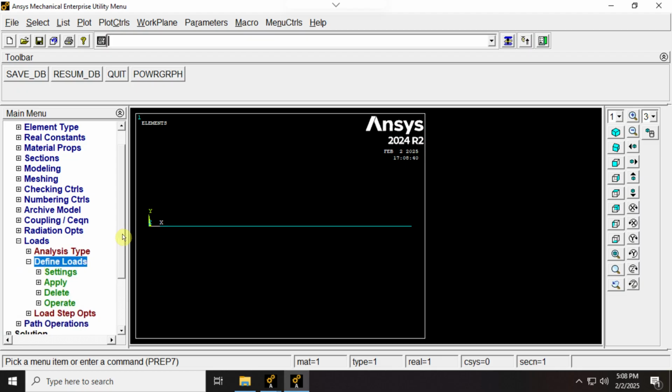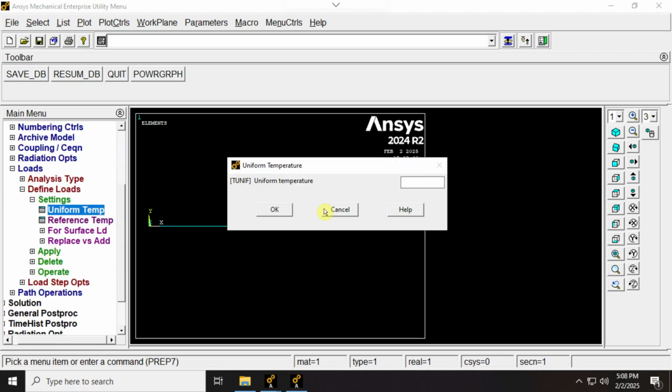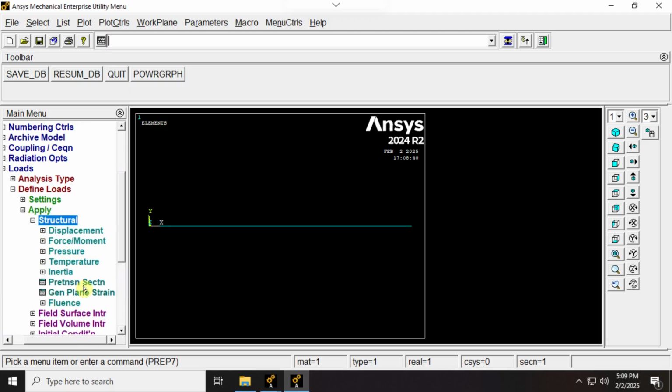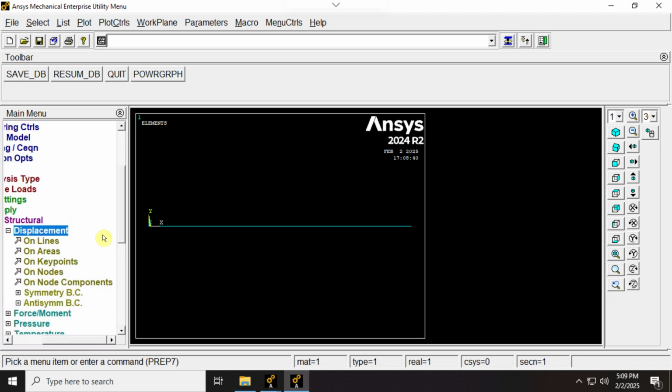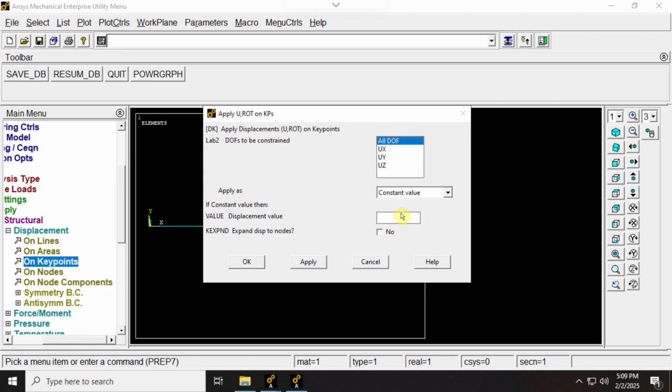So a uniform temperature I'm going to apply to all of them. 70 degrees was the temperature rise. And we need to apply also the structural boundary conditions. I go here, and at key point 1 we're going to fix everything.